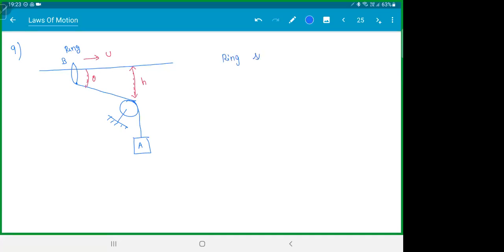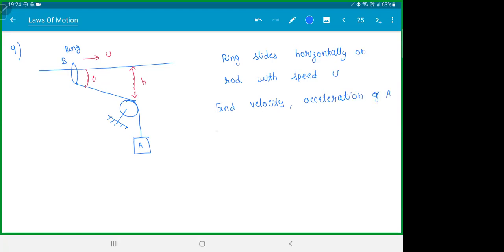The ring slides horizontally with constant speed u. Find the velocity and acceleration of A at this instant.